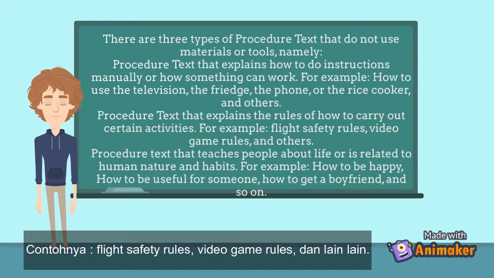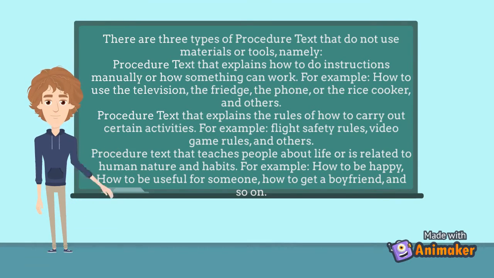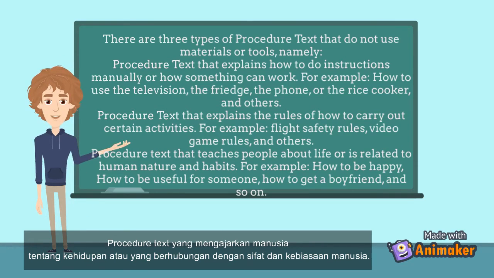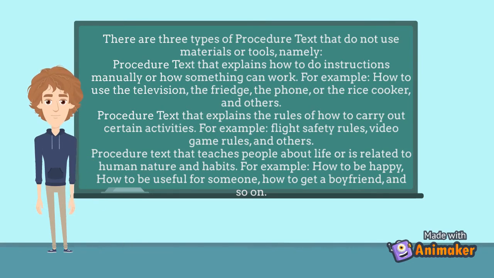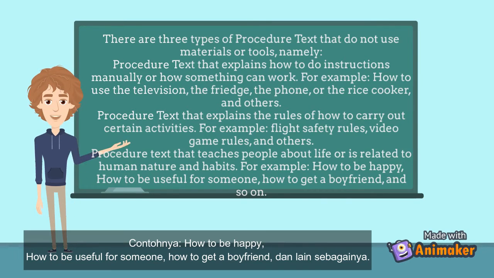For example, flight safety rules, video game rules, and others. Procedure text that teaches people about life or is related to human nature and habits. For example, how to be happy, how to be useful for someone, how to get a boyfriend, and so on.